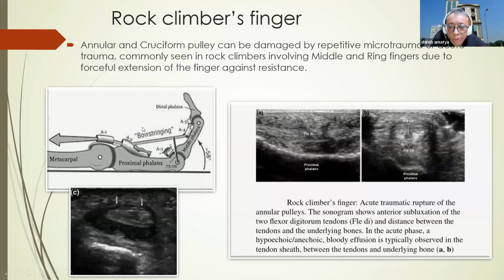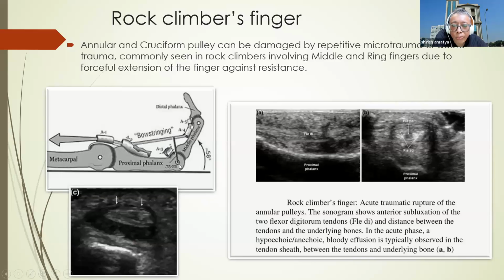You can see the picture of the rupture of the pulley. In the left upper side of the picture, you can see rupture of the A2 pulley as well as the cruciform pulley and A3 pulley. If the pulley is ruptured, the integrity of the flexor tendon is lost, so there will be bowstringing of the tendon when the finger is flexed.